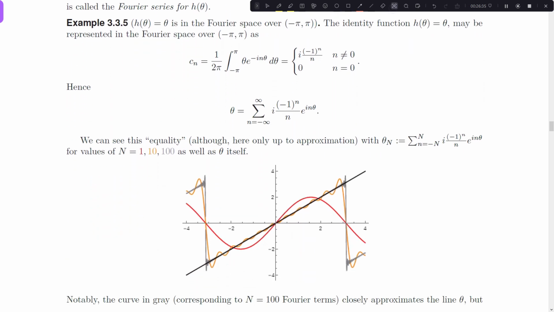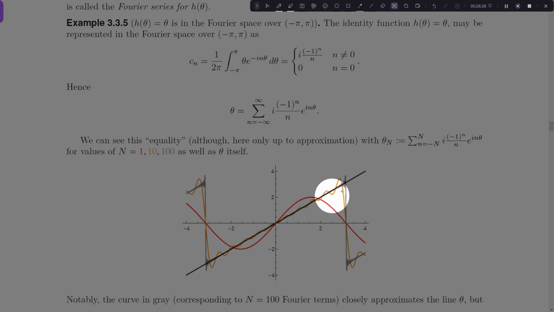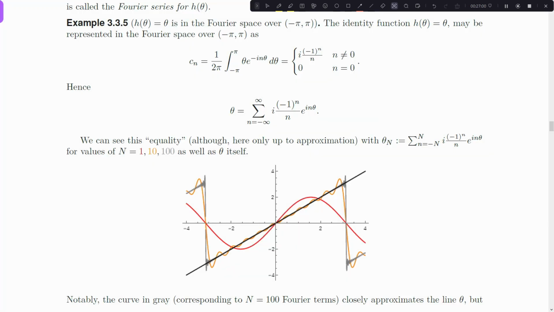So what's going on here is that we have our identity function theta, that diagonal line that we like to always see with the identity function, like f of x equals x, for example. And in red, I'm going to let N equal 1. So I'm asking, what is the Fourier series which approximates the identity function up to a frequency of 1 oscillation over the interval?